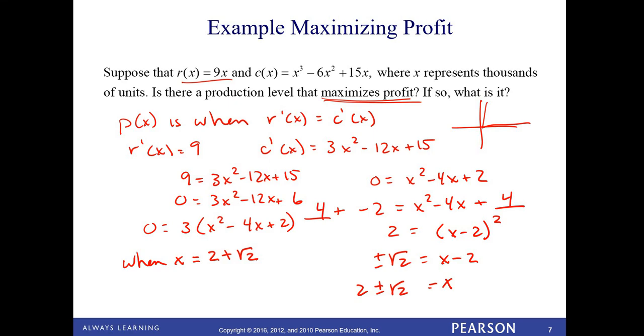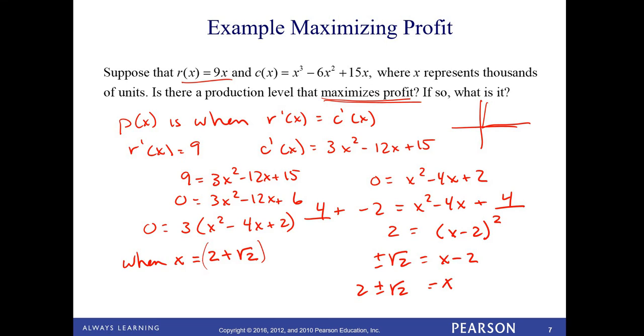Again, testing my signs, I find that this is the point at which I have maximum profit. So when I have 2 plus root 2, and I can put that into decimal form, I will have a maximum profit for this function.